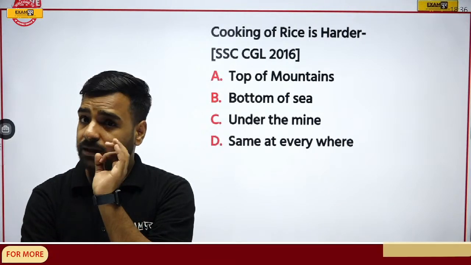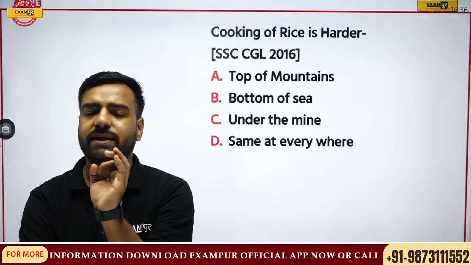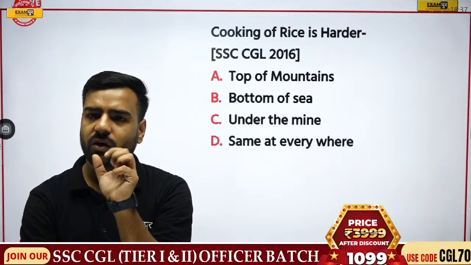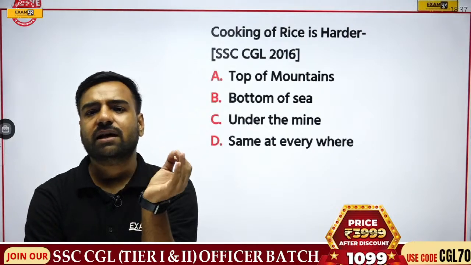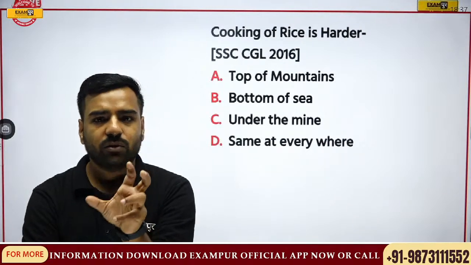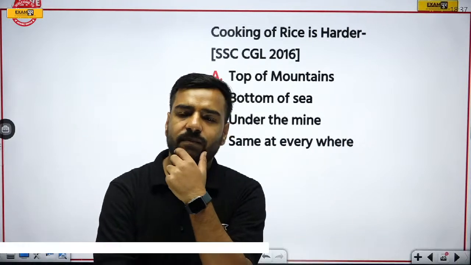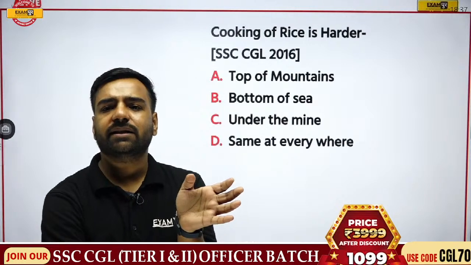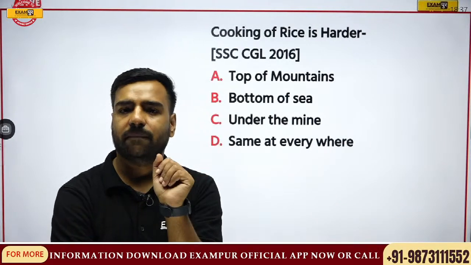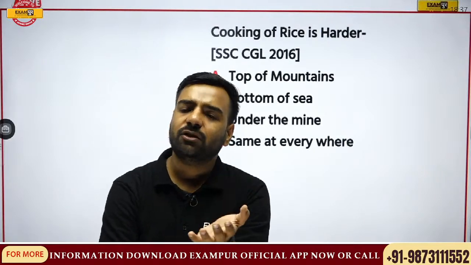Whenever we are talking about cooking of rice, we know that at the top of the mountain, because of the issue in the atmospheric pressure, rice actually starts cooking before 100 degrees centigrade. We know that at 100 degrees centigrade water boils, but here it happens before that. That's very obvious, it will not be cooking well. So what we can do, we can use a pressure cooker there.